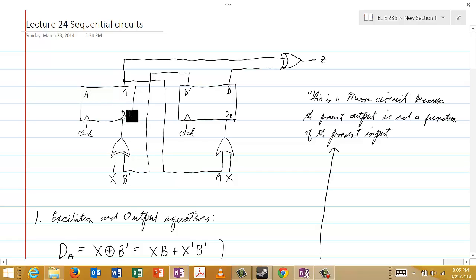And so this will be T sub A and T sub B rather than D sub A and D sub B. But that's the only difference, just the same circuit, but these are now going to be positive edge triggered T flip-flops.